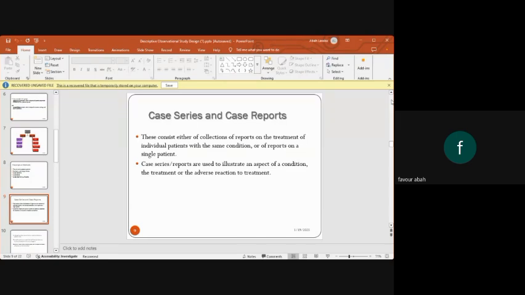Now, a case series is a compilation of case reports. If I compile all the case reports I have, it becomes a case series. For a case series, the group of patients with a similar diagnosis, condition, or treatment is what you compile into your case series.